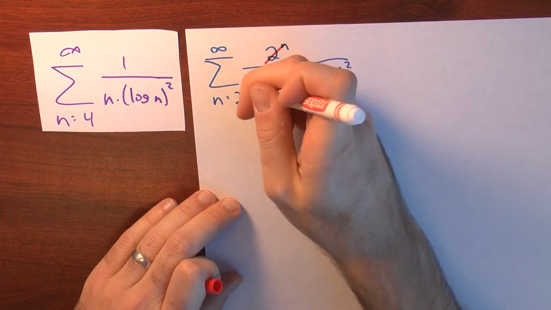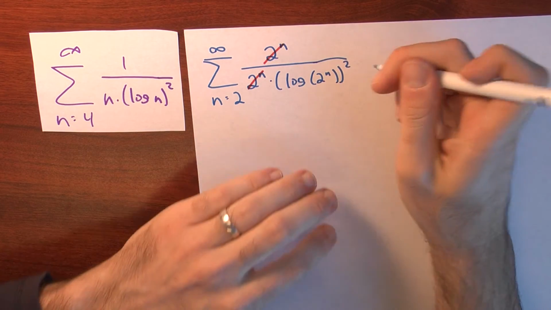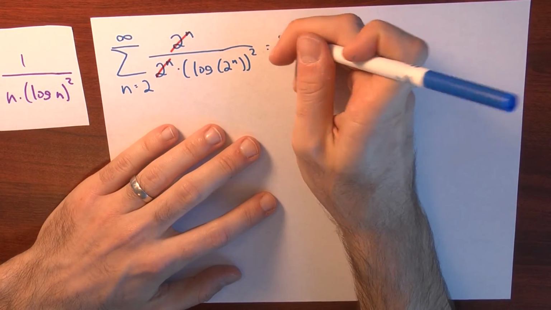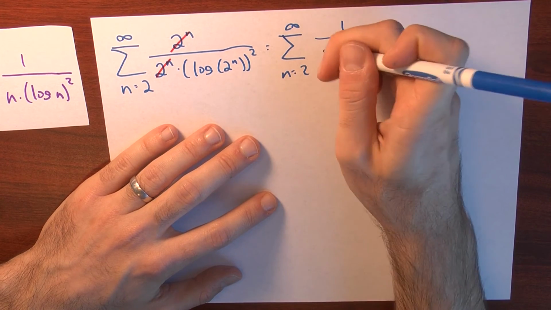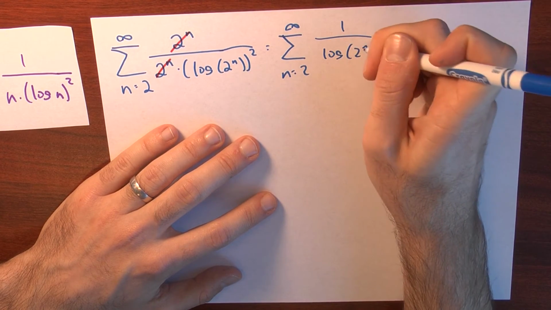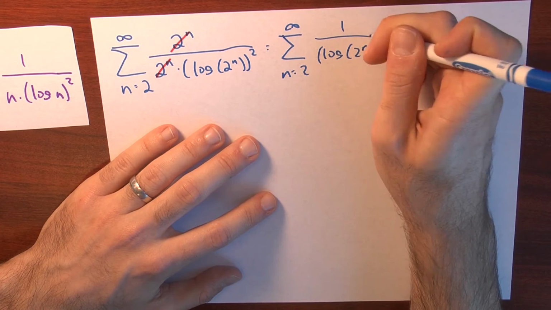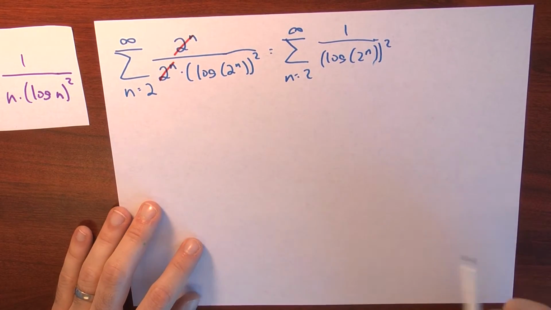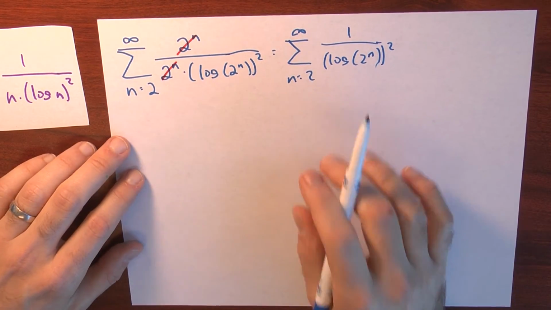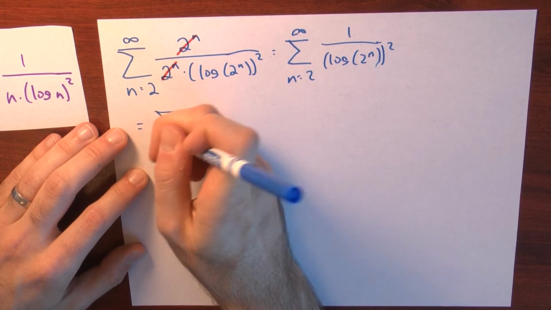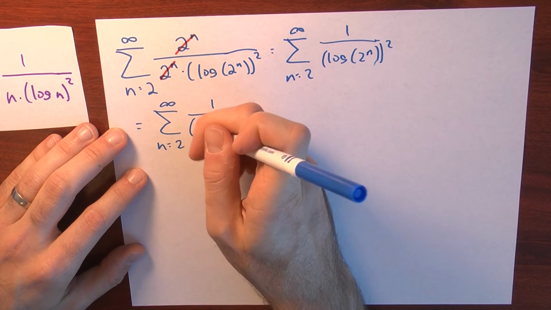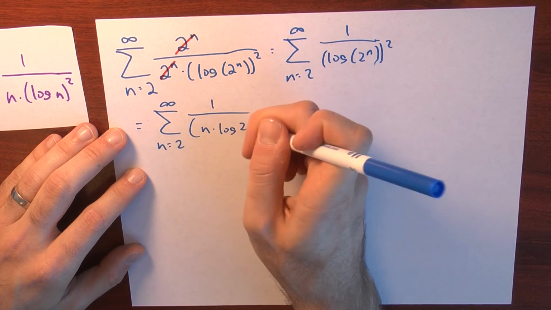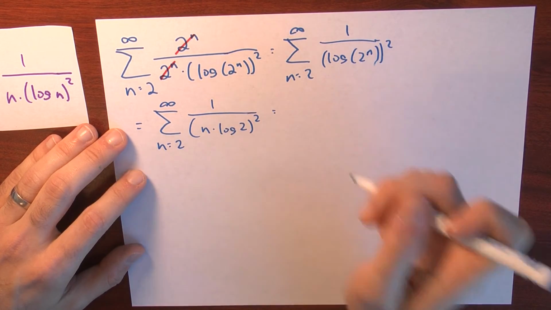Good news, this 2 to the n and this 2 to the n cancel. So now I'm left with the sum, n goes from 2 to infinity, of 1 over log 2 to the n, squared. What else can I do there? Ooh, I can use properties of logs again. So this is the sum, n goes from 2 to infinity, of 1 over n times log 2, squared.